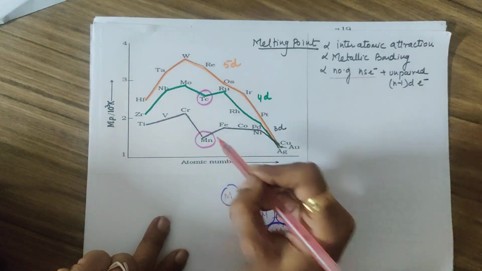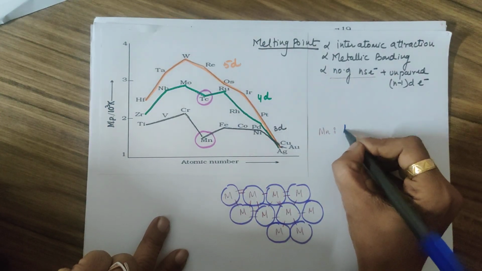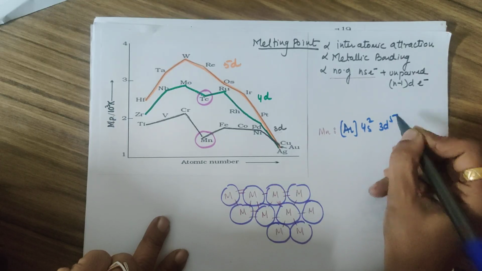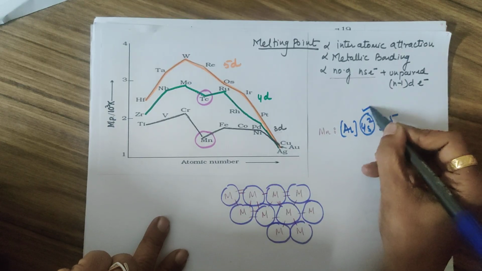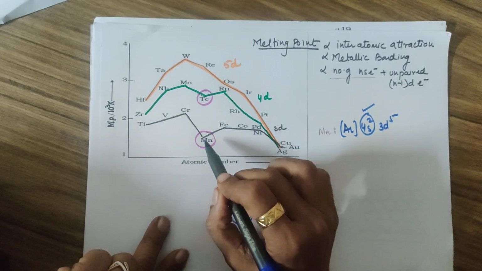Now what is so special in manganese? When we talk about manganese, the configuration is argon 4s2, 3d5. These are outermost electrons, they participate in metallic bonding. But the melting point is low. Why is the melting point low?